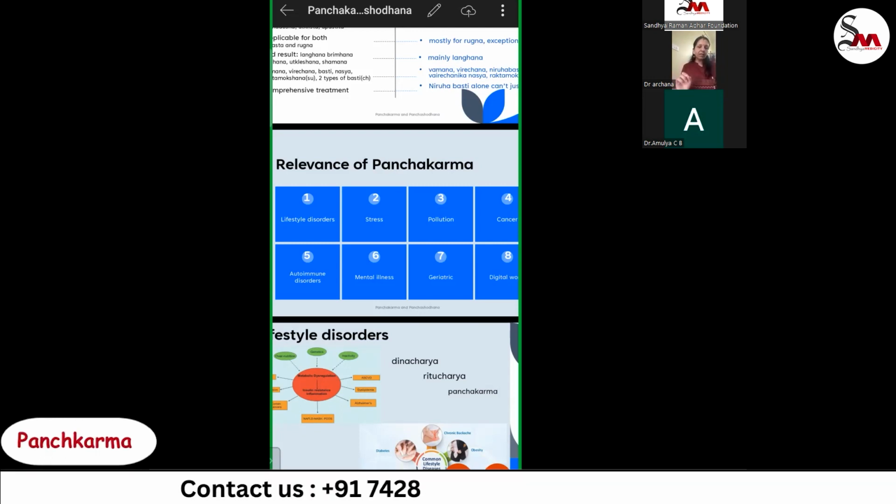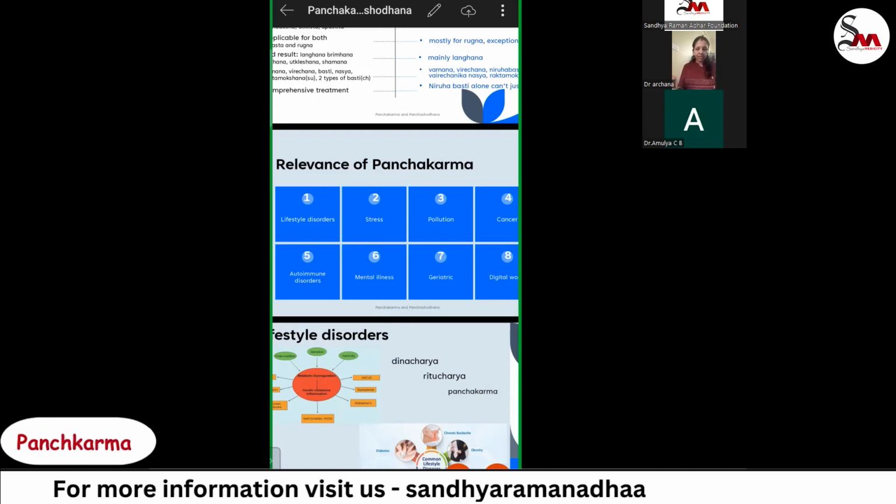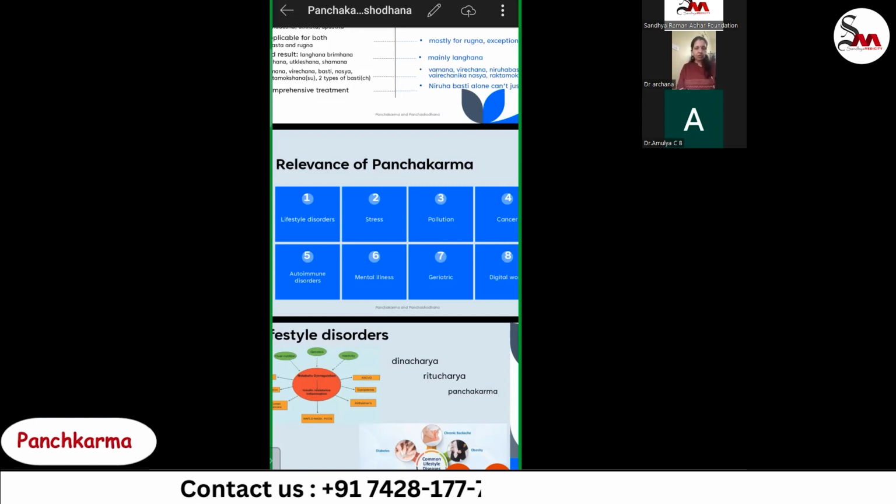And the third thing is Bala Varna Prasadanam. It gives Bala, Varna, etc. So this can be considered even as Rasayana. Bala Varna Prasadana is the Rasayana effect, but before Rasayana we are going to do Panchashodhana, right? Or the proper Shodhana will be done before administering Rasayana.